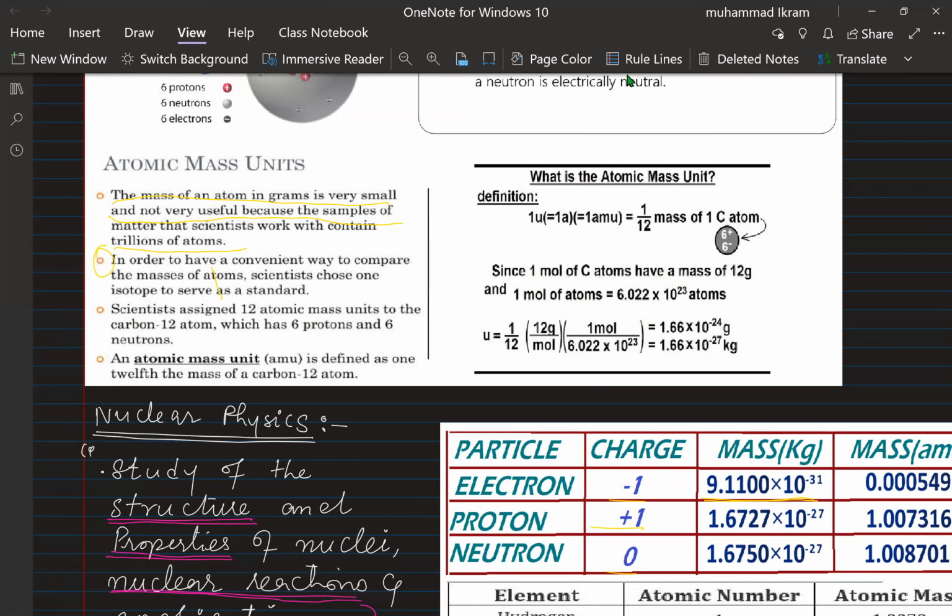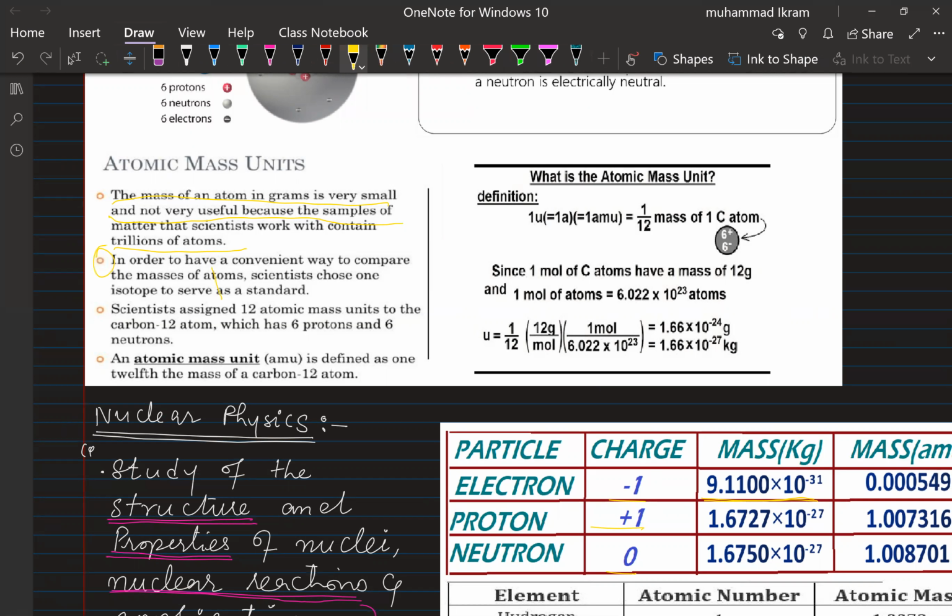So an atomic mass unit, this is important, is defined as 1/12 of the mass of the carbon atom.